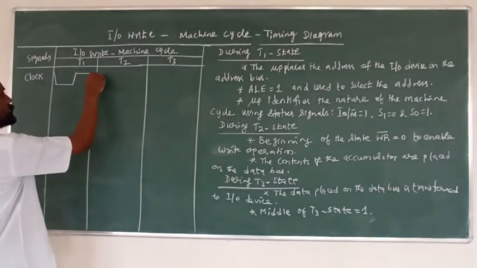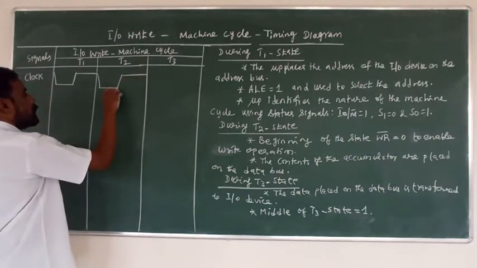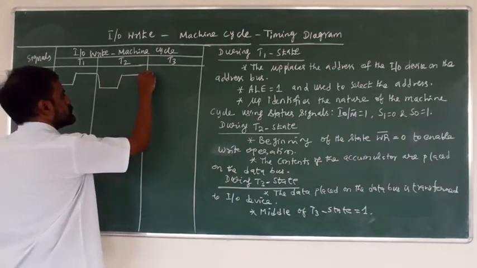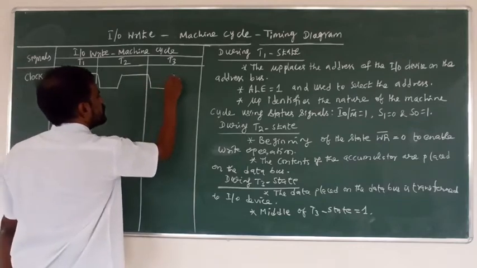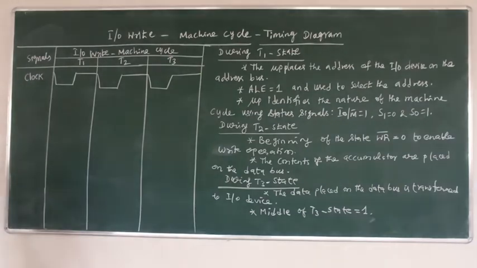The same for T2 and T3. First half of the T state high and the remaining half goes to the low state.